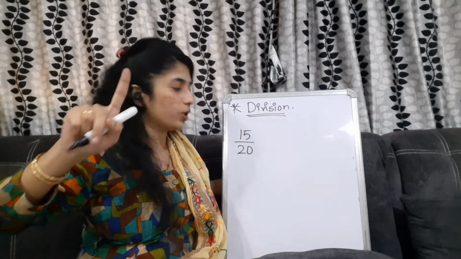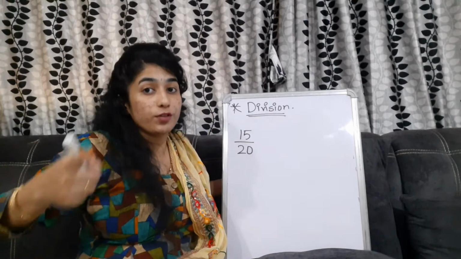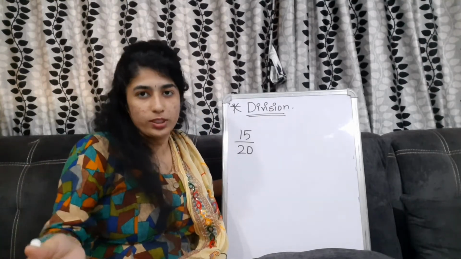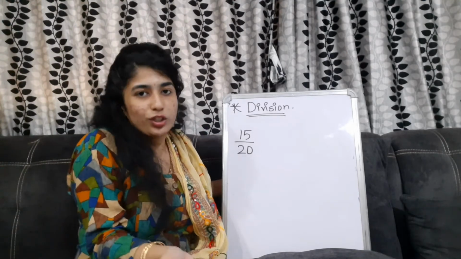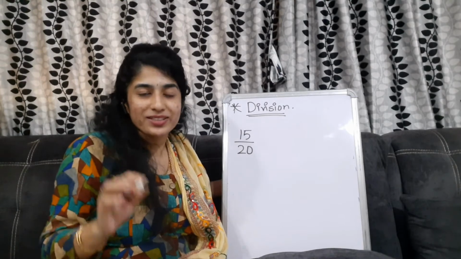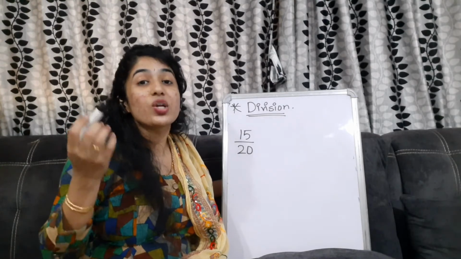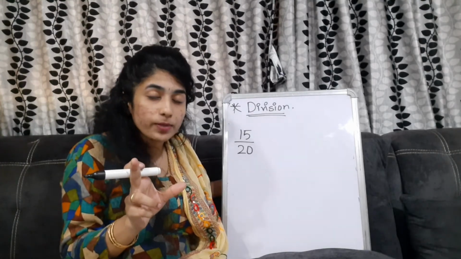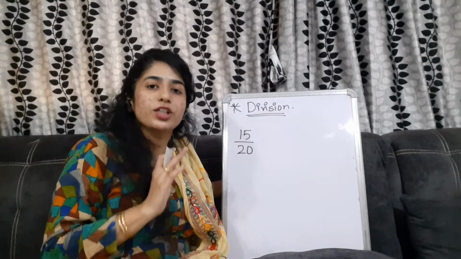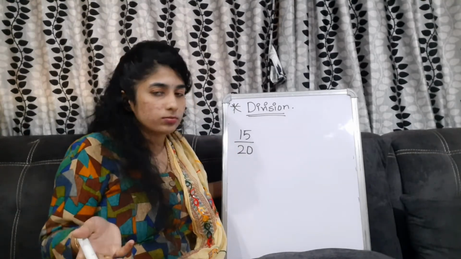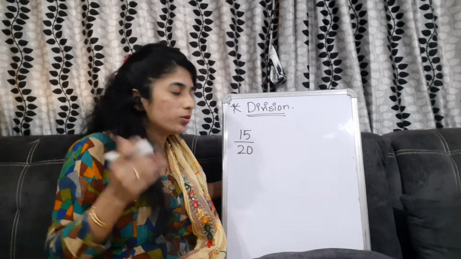First is to find the equivalent fraction of this through division. That can be one question that tells you that you have to do the division because it is already mentioned in the question. Or it will be mentioned that you have to find the lowest form of a given fraction. So when the lowest form is mentioned, that means you have to do the division. So 15 upon 20, that means I have to find the lowest form or equivalent through division.